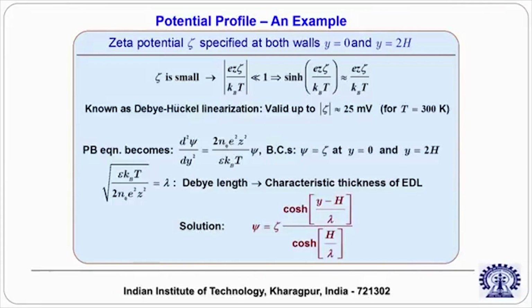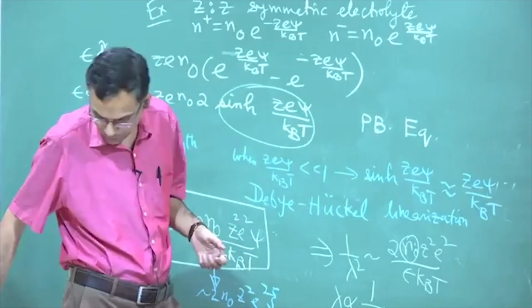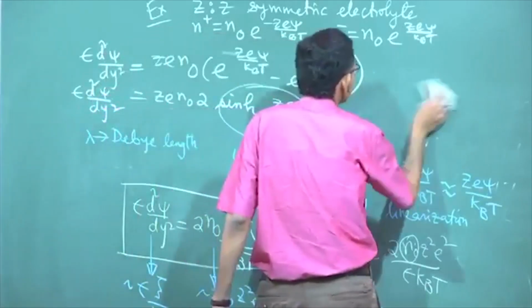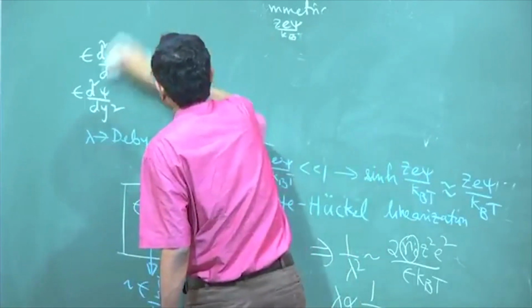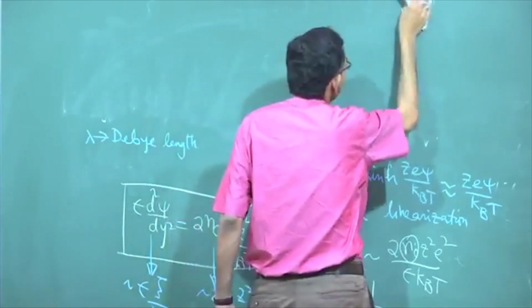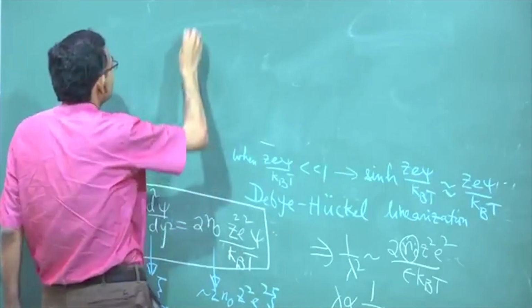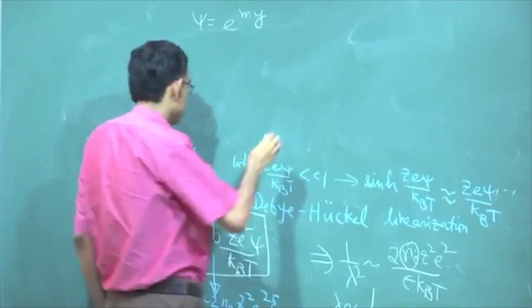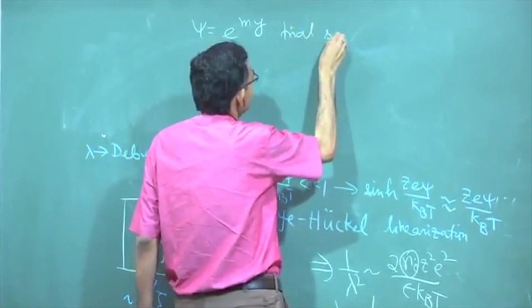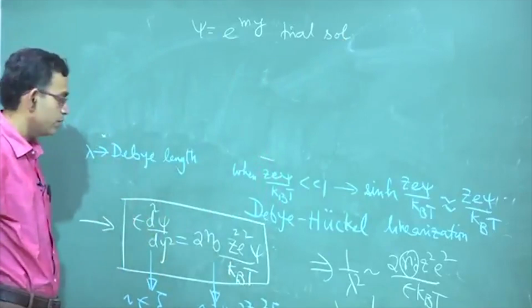Okay. Now how do you solve this equation? The solution of this equation is quite simple, and I will give you the idea of how to solve it, but I will not get into the solution for all general cases because it takes time. So, let us say psi equal to e to the power my be the trial solution. This equation is basically a second order homogeneous ordinary differential equation.